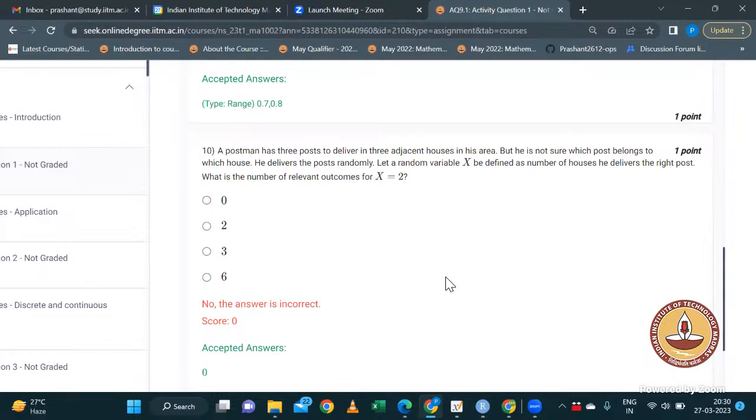If he has three posts to deliver, and he delivered two of those posts to the correct address, then the third post will also automatically be delivered to the correct address. So the number of such cases will be 0. Only one case would be there. So your x will take what values?